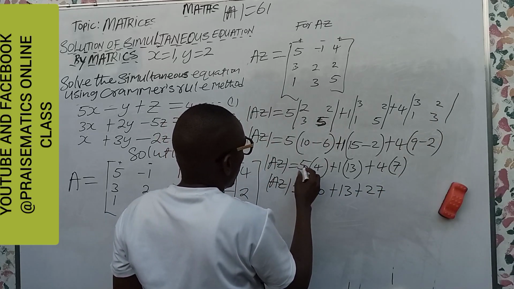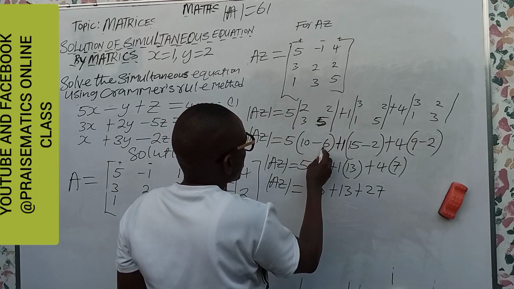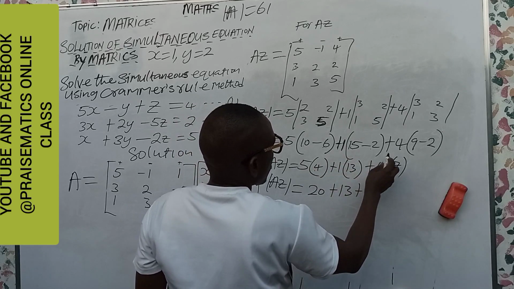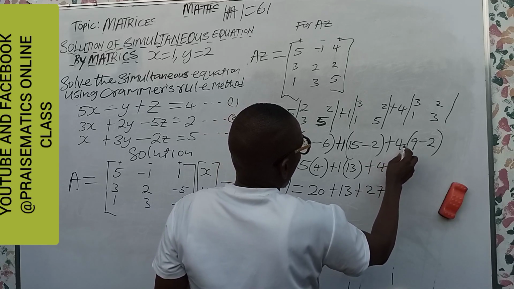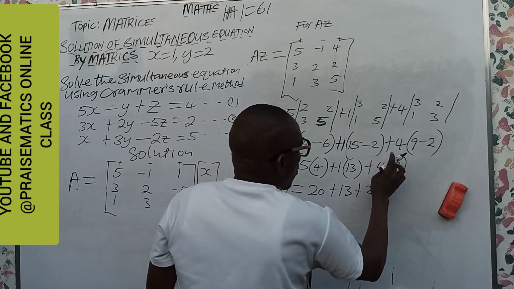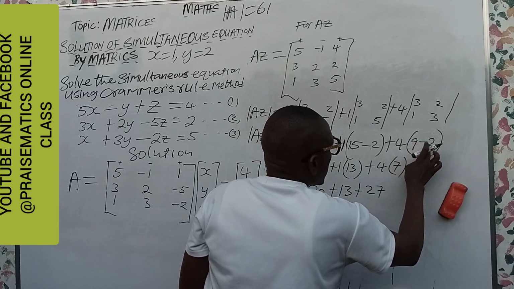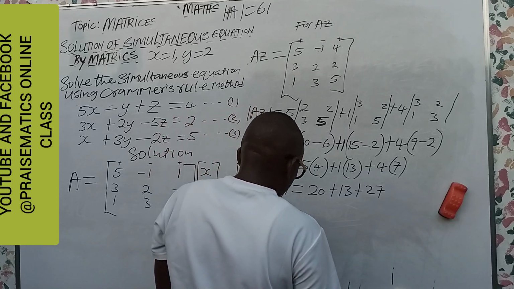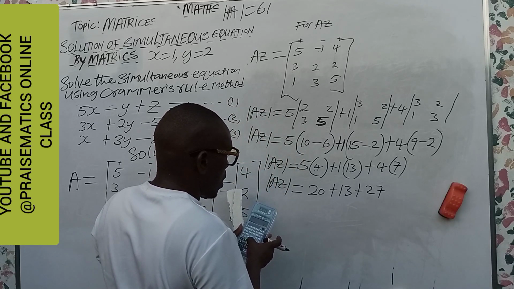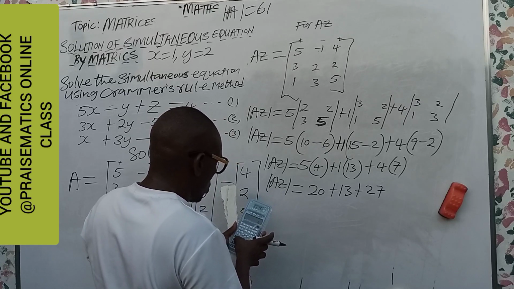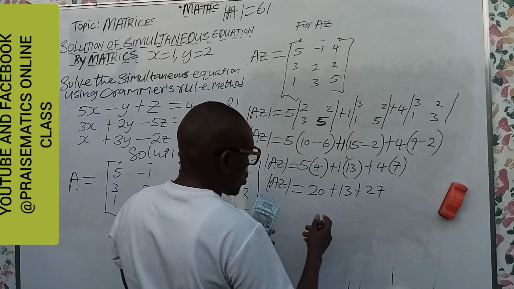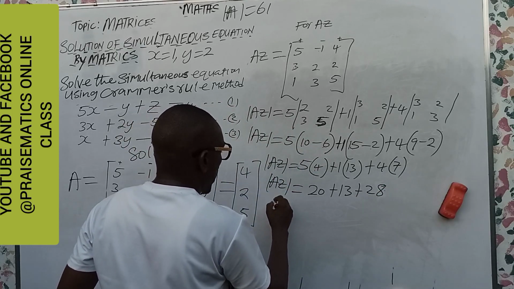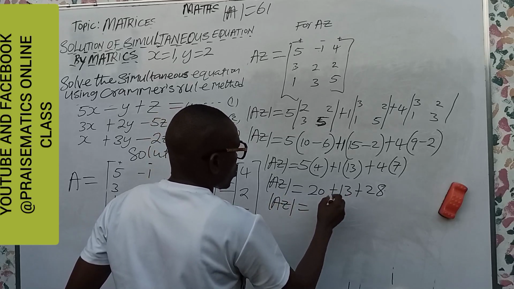So 10 minus 6 will give us 4, 5 minus 2 will give us 13, and 9 minus 2 will give us 7. 7 times 4 is 28, not 27. So what we have here is 28, not 27.